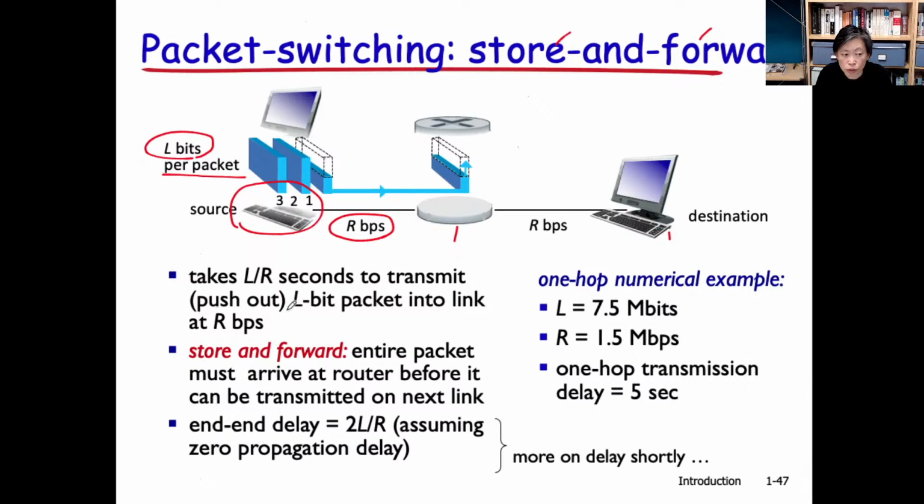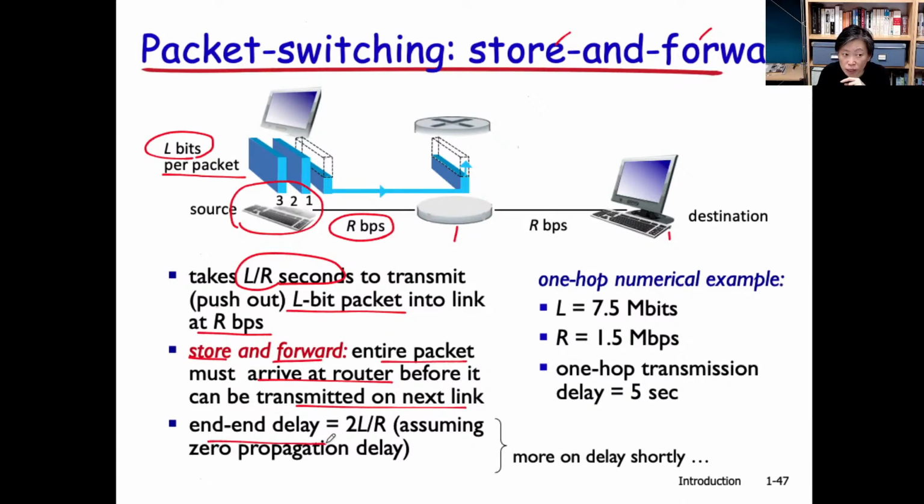So to send this packet over the link at this speed, this is the amount of time that's required. On a packet switch network, we need to store the packet entirely before forwarding. So the entire packet needs to arrive at the router before it can be transmitted further.